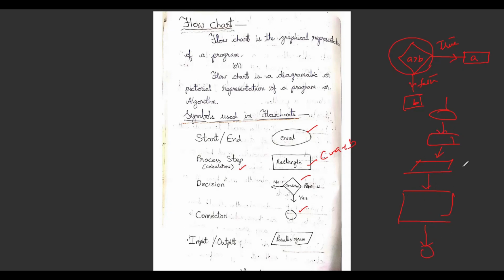So I'm going to put a connector here. On the next page, I'll start with the connector and continue with the remaining part of the algorithm or program. So this is all about the connector. And the last one is the parallelogram. If you want to take any input, you're going to write it in a parallelogram. If you want to get the output, you're also going to write it in a parallelogram. But if you want to do some calculations, then you're going to use a rectangle.